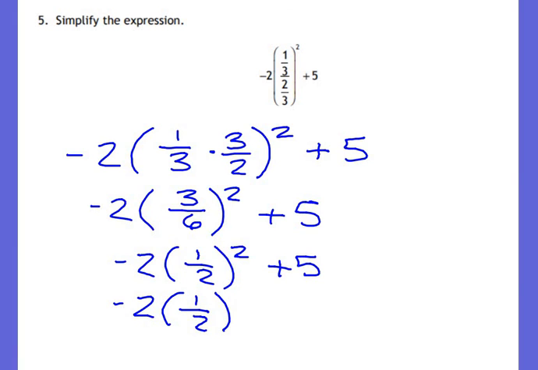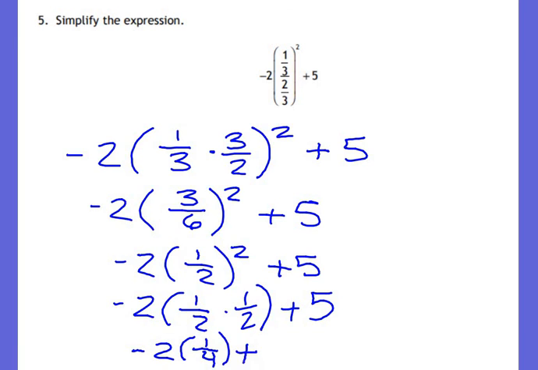Notice how much work I'm rewriting, ensuring that I get the correct answer. Difference between A plus work and F work. Okay. 1/2 times 1/2 gives me 1/4.